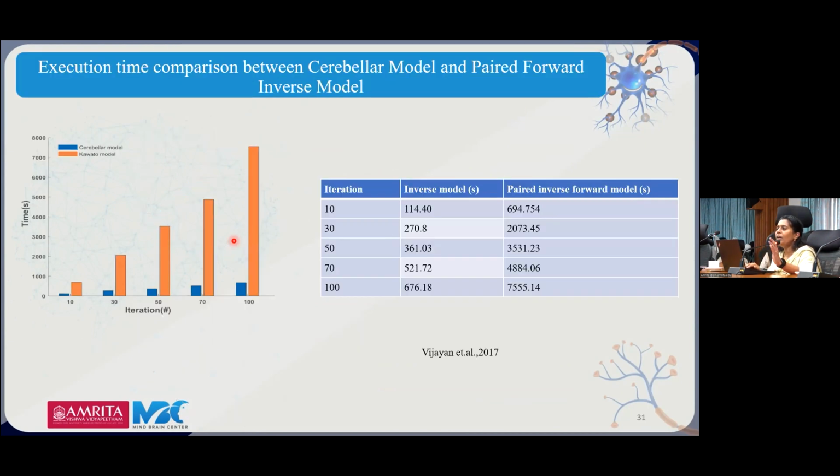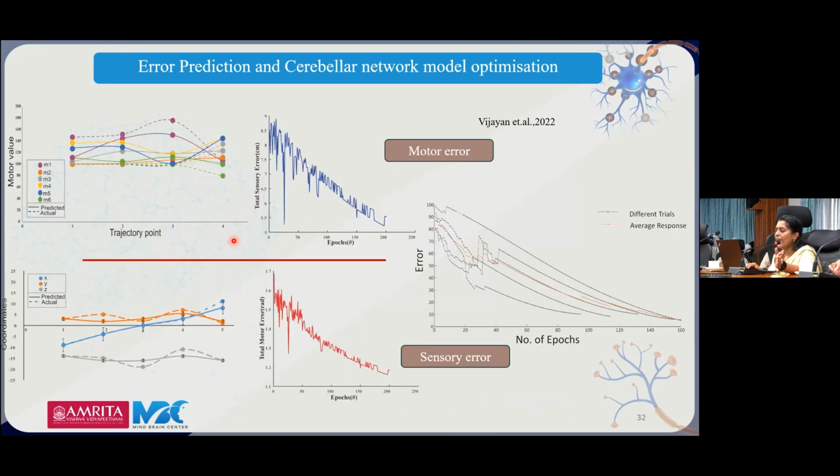As the number of neurons was increased, the timing also increased, and we can see that there was still only a small difference between the motors. The upper portion shows the motor error and the lower portion shows the sensory errors.